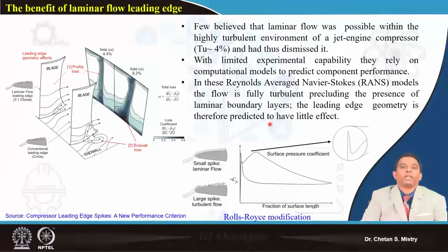Now we need to remember one thing: in this computational study we are solving RANS equations, which are a truncated form of the full Navier-Stokes equations, where we neglect many parameters. That is the reason it may not be possible for us to capture what is happening near the leading edge in terms of laminar flow. We are assuming the whole flow on the blade surface is turbulent flow.